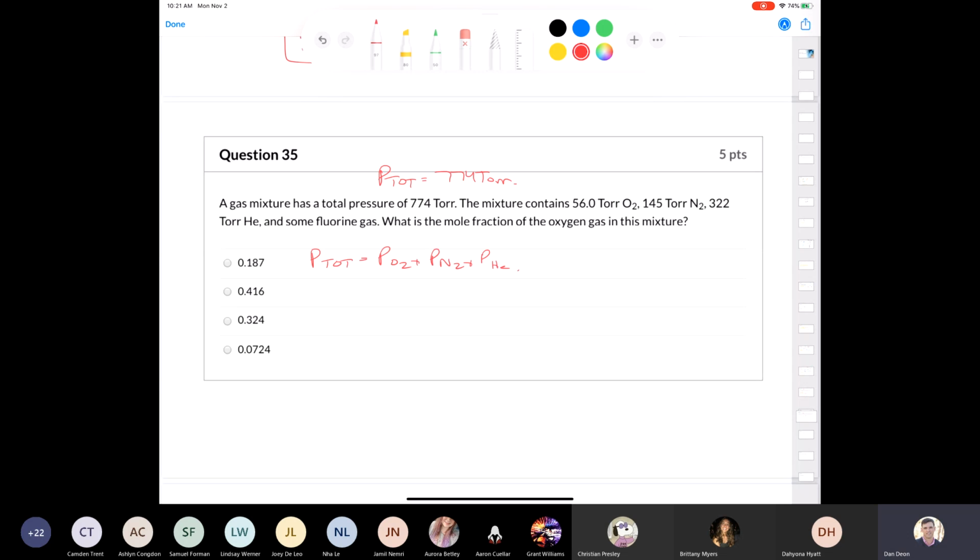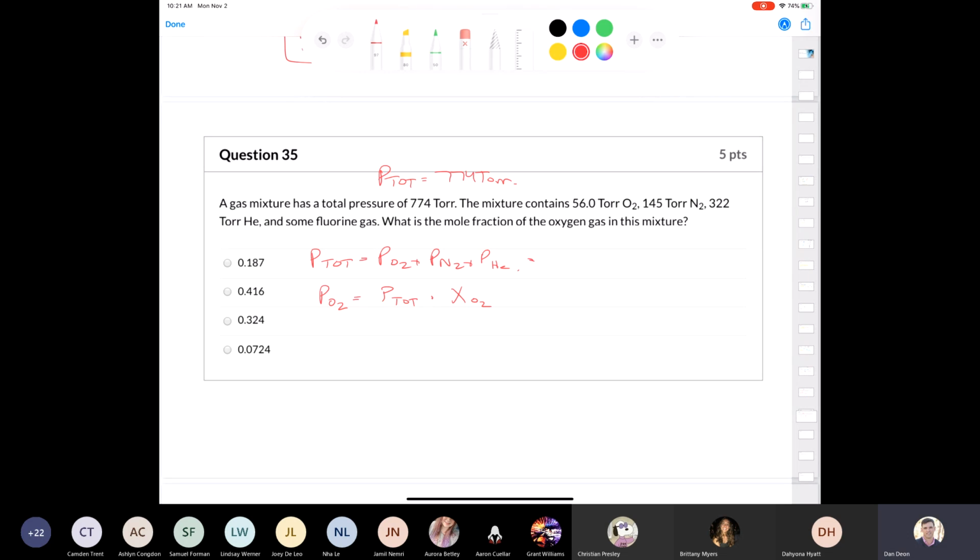And we know the partial pressure of each one of these gases. So say, for example, the partial pressure of oxygen is going to be equal to the total pressure, P total, times the mole fraction of that gas. All right, and so from that equation, we are able to determine the partial pressure of our oxygen.